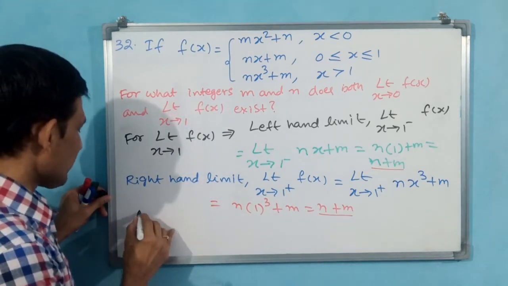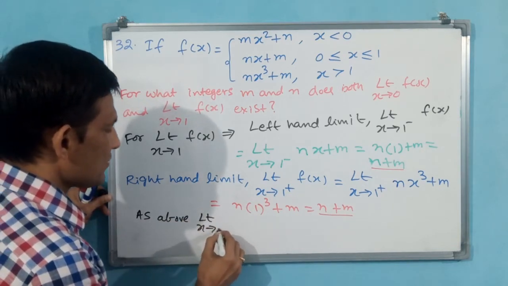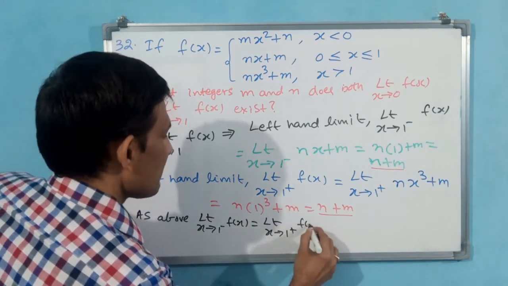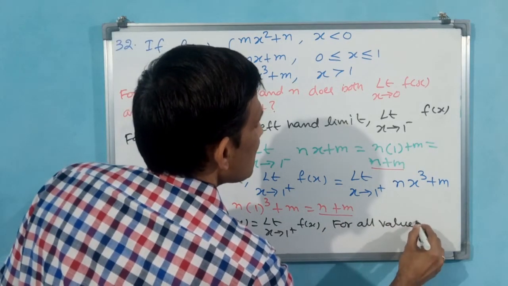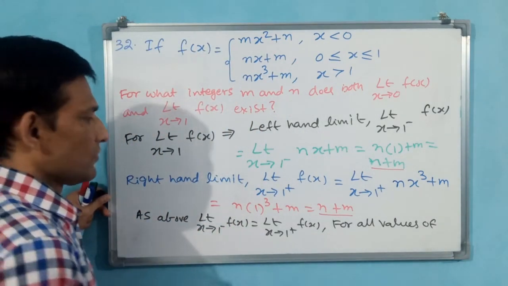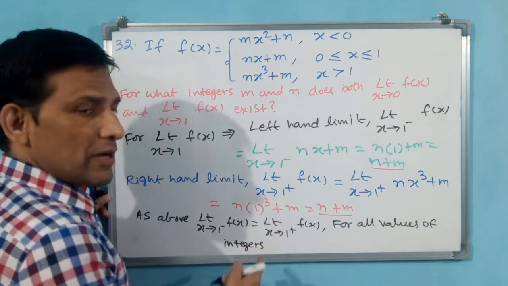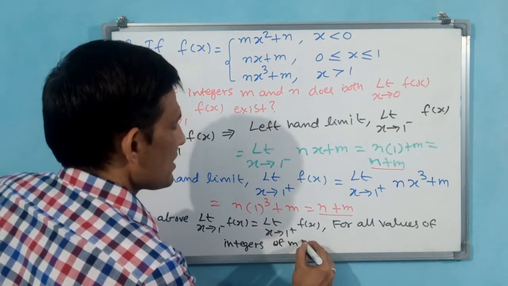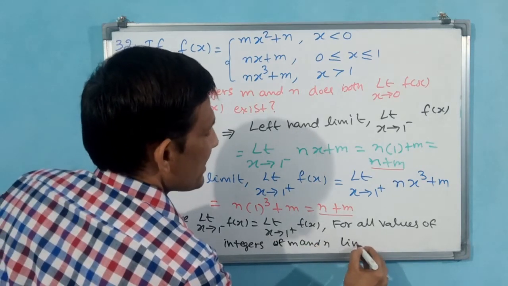As above, limit x tends to 1 minus f of x is equal to limit x tends to 1 plus f of x, for all values of integers m and n, limit exists.